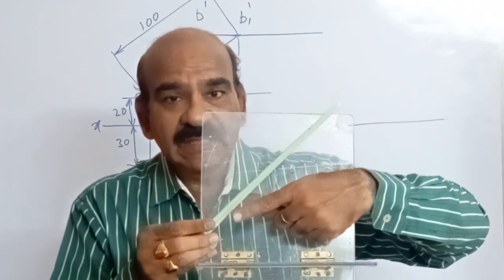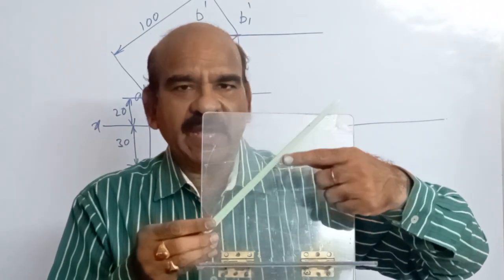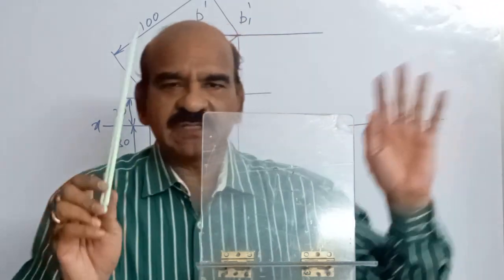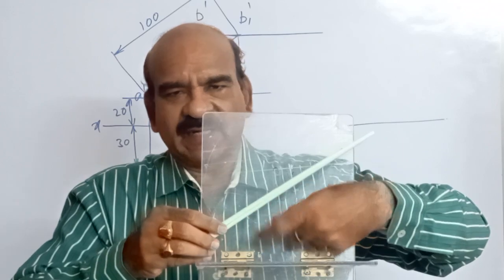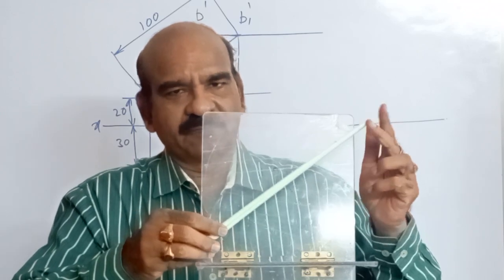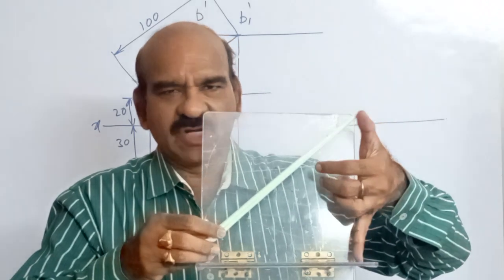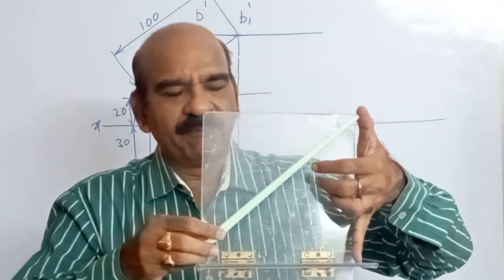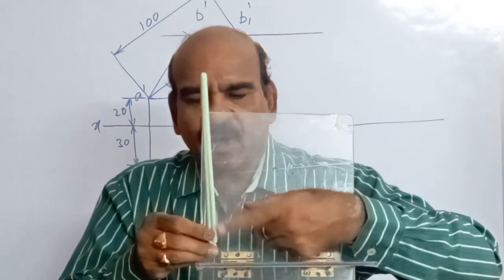Then this angle 30 degrees will be attained. Or else, suppose I show you one more example. Suppose this line is making 30 degrees angle with HP. The point B is at a certain height, suppose 70 mm above HP, above this plane. Now, I keep the angle constant.